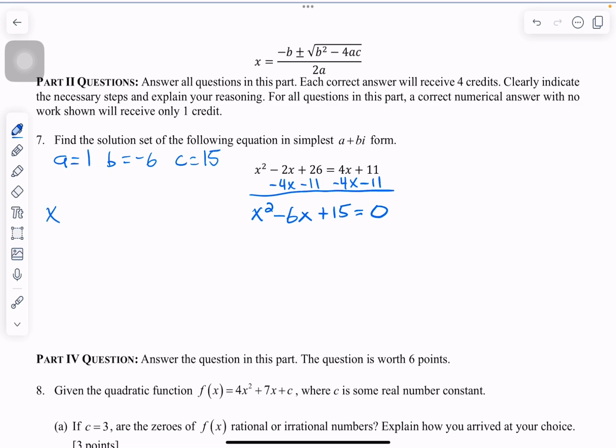All right, let's plug it into the quadratic formula. X is equal to negative 6 plus or minus the square root of negative 6 squared minus 4 times a is 1 and c is 15, all over 2 times 1.